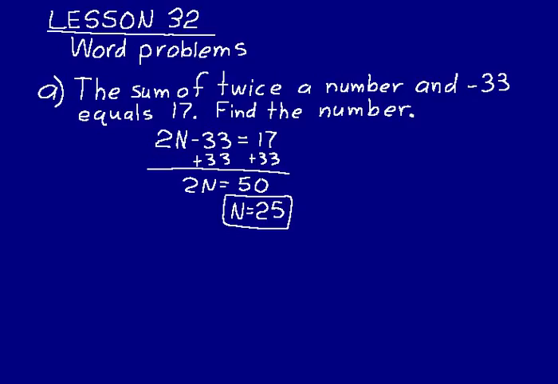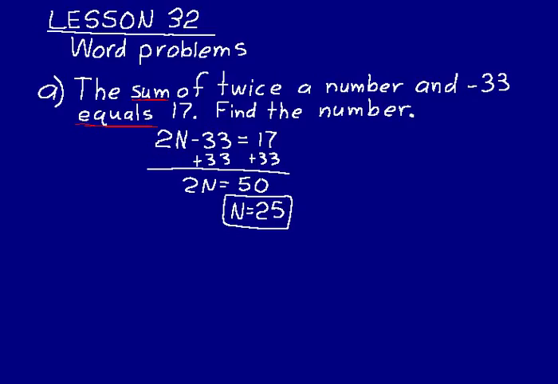Anytime you're doing word problems, it's real important for you to just look for keywords and you just think to yourself, okay, what words are going to help me set up this equation? The word sum, that's a real important one. The word equals, that's a real important one. Sum tells you you're doing an addition statement, and then equals tells you where the equal sign goes and what's on the left and what's on the right of the equal sign.